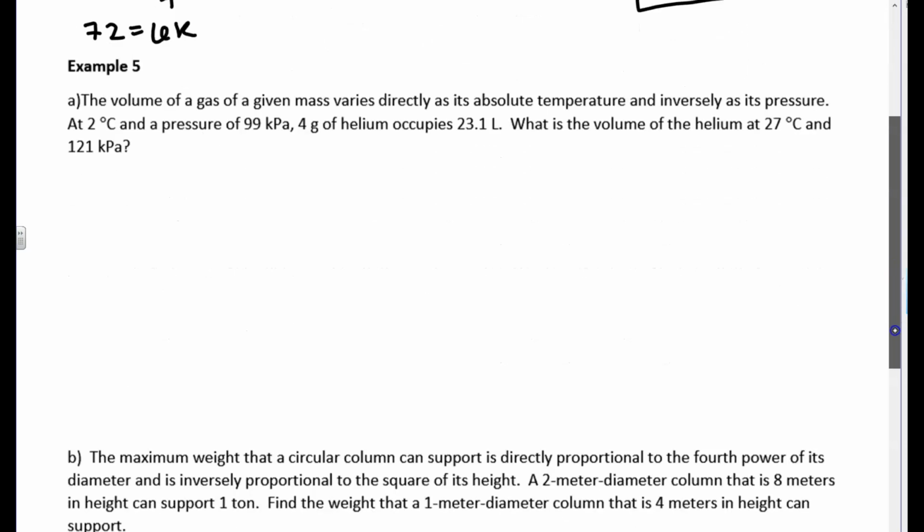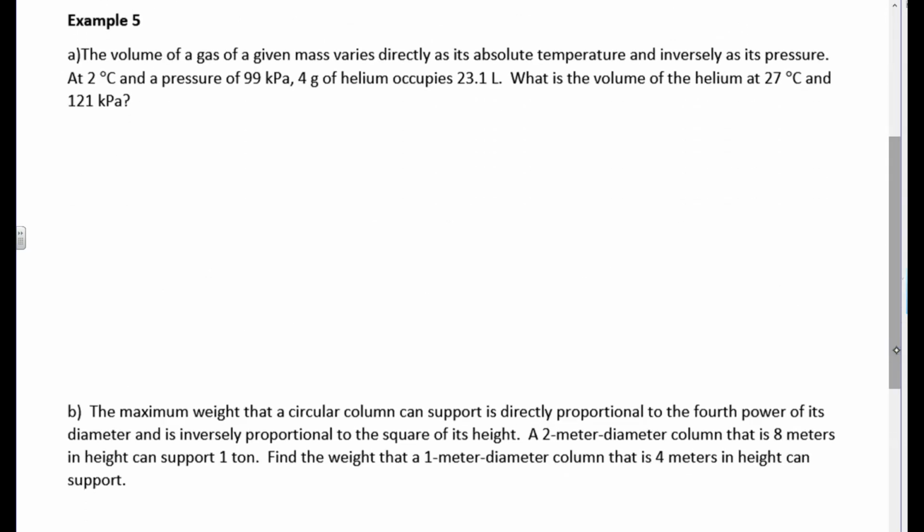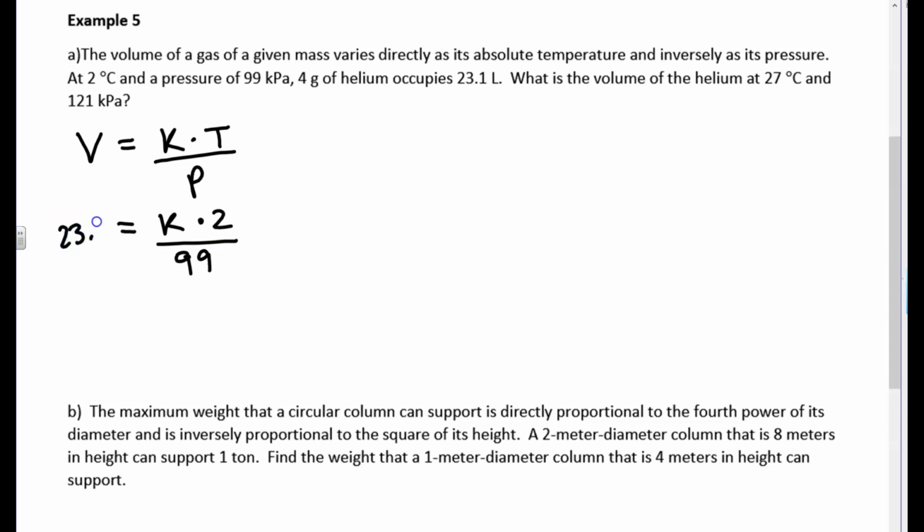All right, let's look at some word problems. The volume of a gas of a given mass varies directly as its absolute temperature and inversely as its pressure. So let's write that. Volume of a given mass varies directly as its temperature and inversely as its pressure. At 2 degrees C and a pressure of 99, oh wow, I don't know a pressure of 99, 4 grams of helium occupies 23.1 liters.